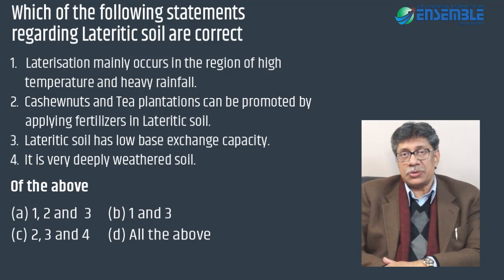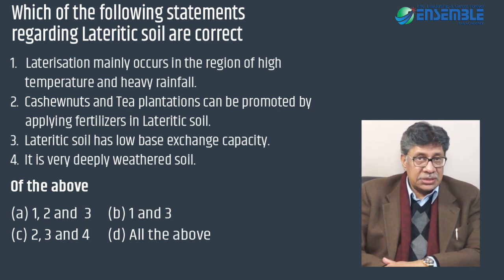Another question is a statement type, typical of a question that can possibly be framed on soils. Which of the following statements regarding lateritic soils are correct? One, laterization mainly occurs in regions of high temperature and heavy rainfall. Two, cashew nuts and tea plantations can be promoted by applying fertilizers in lateritic soils.